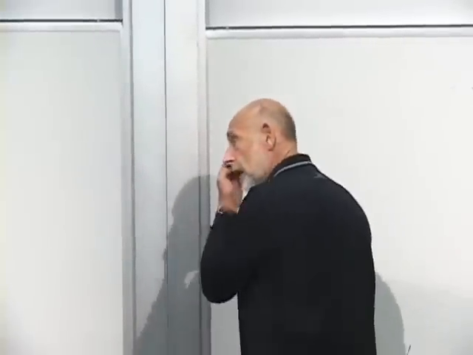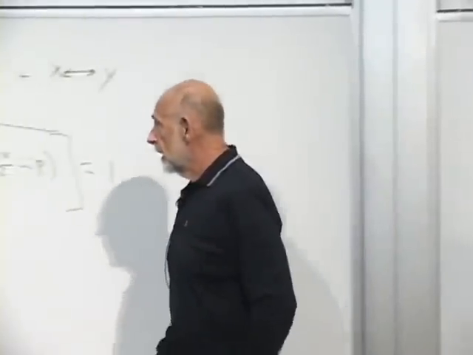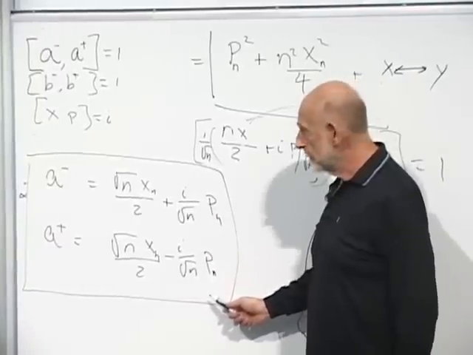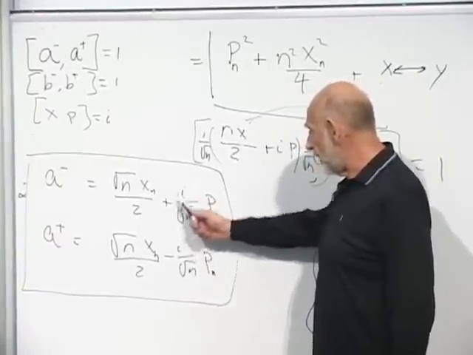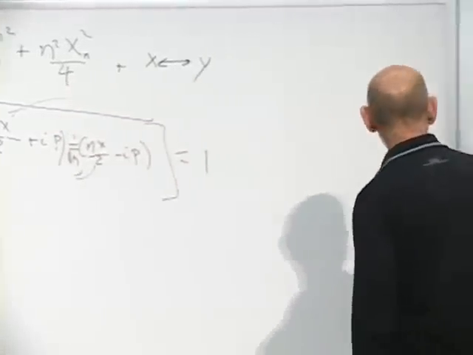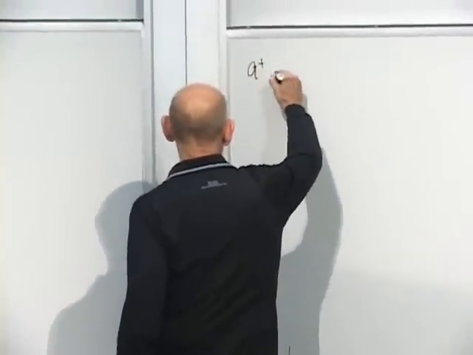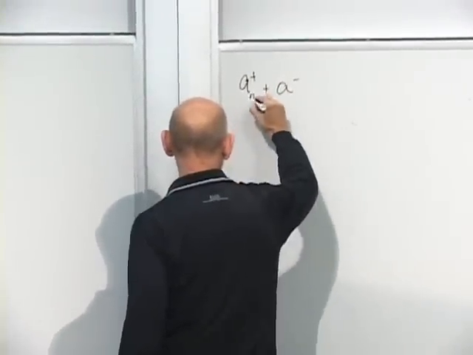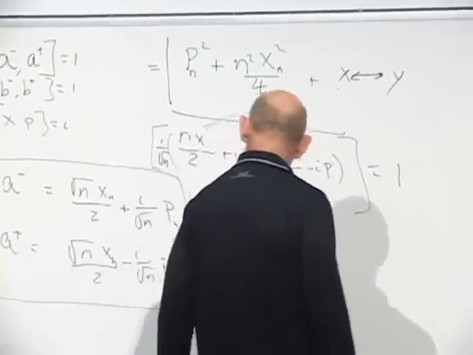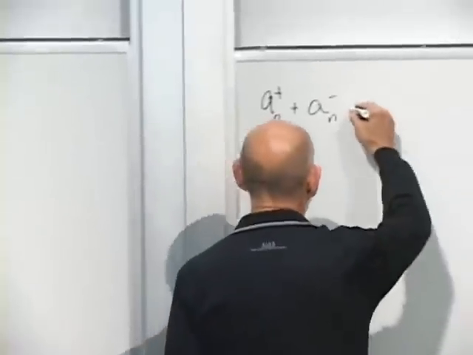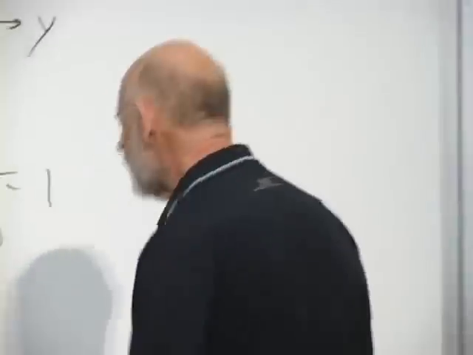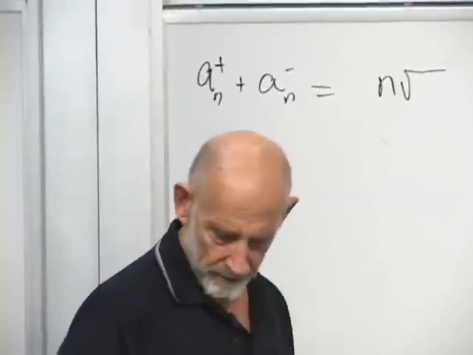So let's do it. This is easy. If I want to isolate x, I want to get rid of p. That's easy. Just add these two equations. This term will cancel. So what do we get? We get a plus a minus, and we should put a little index n here for the nth oscillation. That's equal to square root of n times xn.